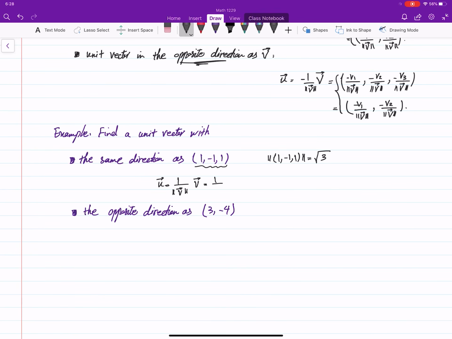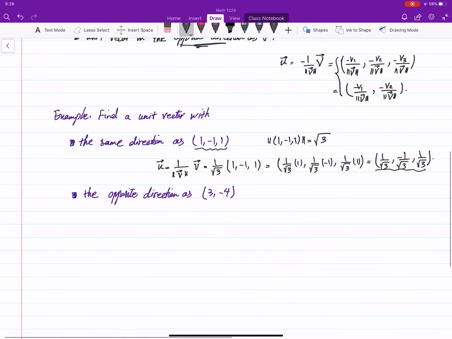Now this means that I have to multiply 1 over root 3, the inverse of the length, to 1, negative 1, 1, and that means that we multiply each component by 1 over root 3, and the vector we find is a unit vector which has the same direction as the vector 1, negative 1, 1. And yeah, that's it. That's the unit vector in the same direction.